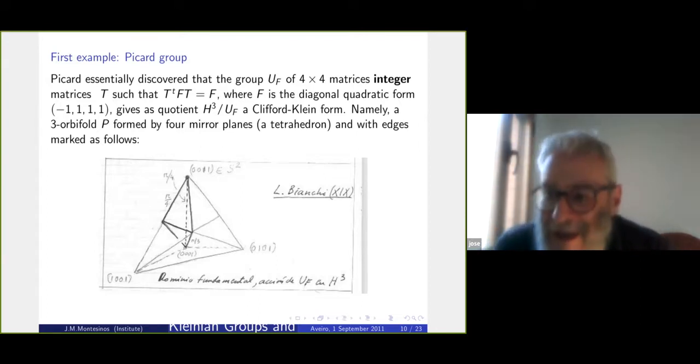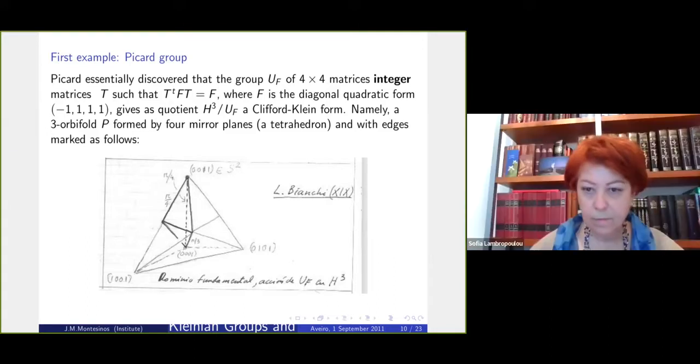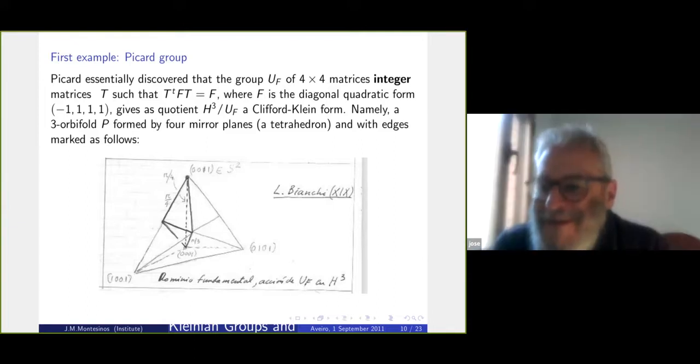It's Euclidean. Therefore, when this horosphere cuts the orbifold, it cuts a triangle in the horosphere, which is Euclidean, and has angles pi/2, pi/4, and pi/4. This is very, very beautiful.